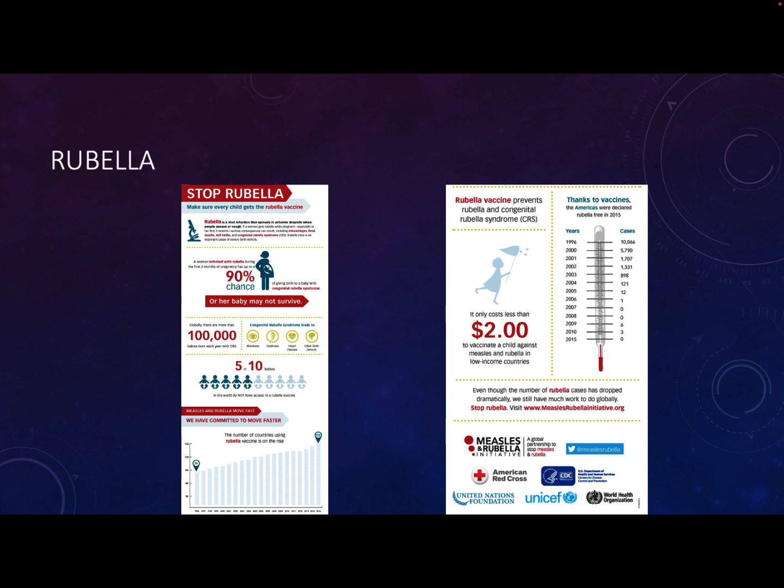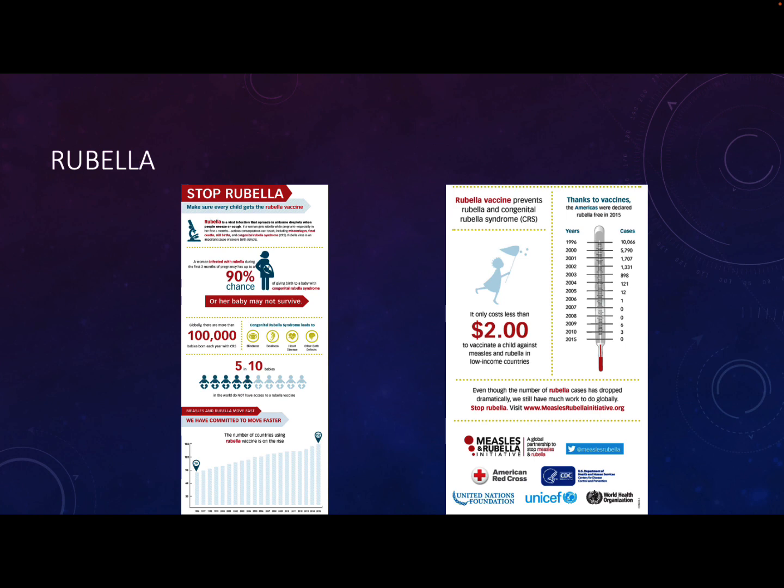So again, make sure that every child gets a rubella vaccine. These are some statistics that they like to show. If a woman is infected during the first 2 months of pregnancy, there is a 90% chance that her child will be born with some sort of congenital rubella syndrome.